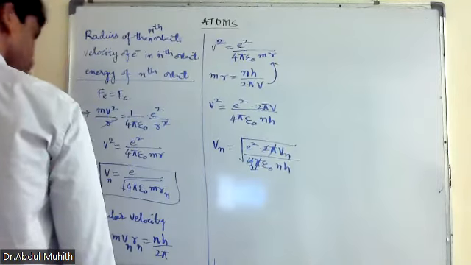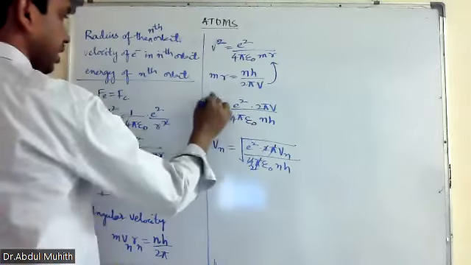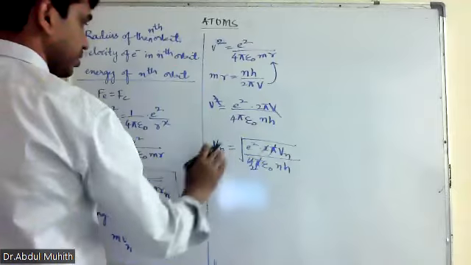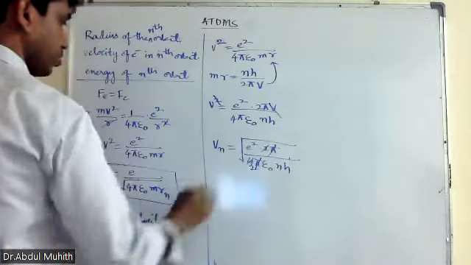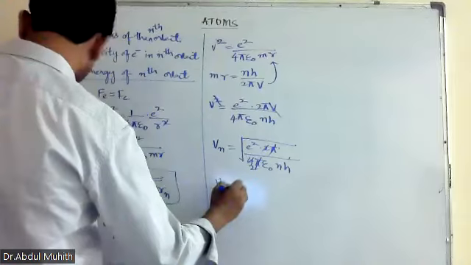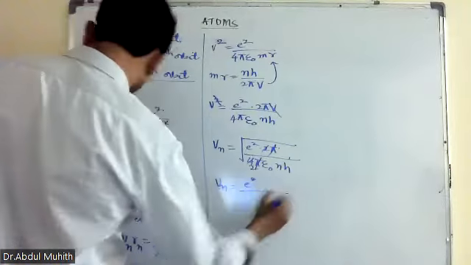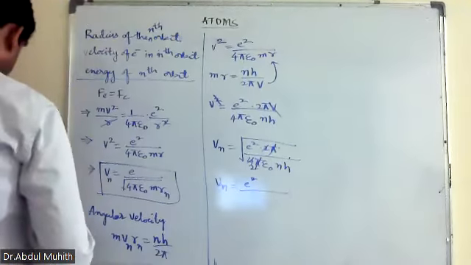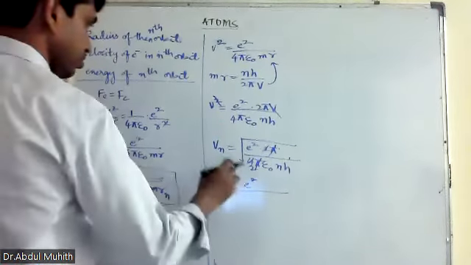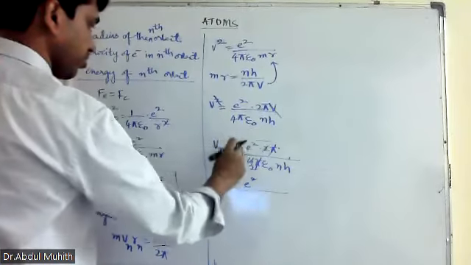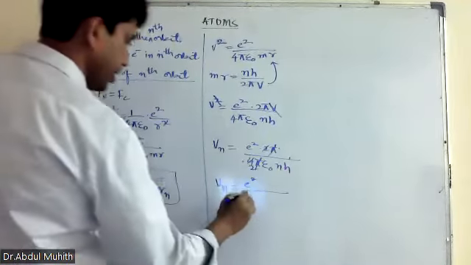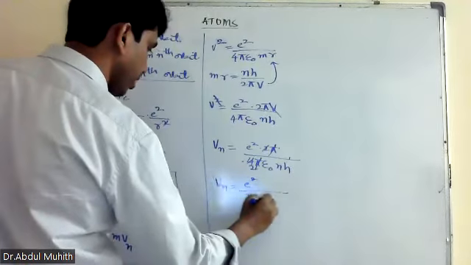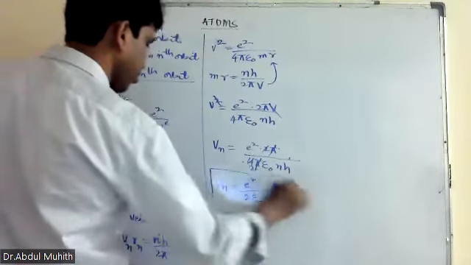Or directly, we will cut this first. Better, we cut this first. So it will become vn, and this will go away. What are we left with? Vn is equal to e square by how much? This root will not come because we have removed that square. So e square by 2 epsilon 0 nh. This is the second formula.